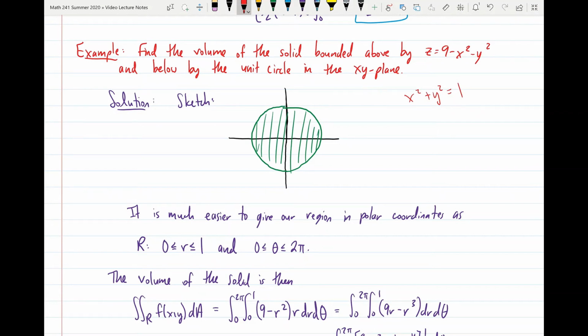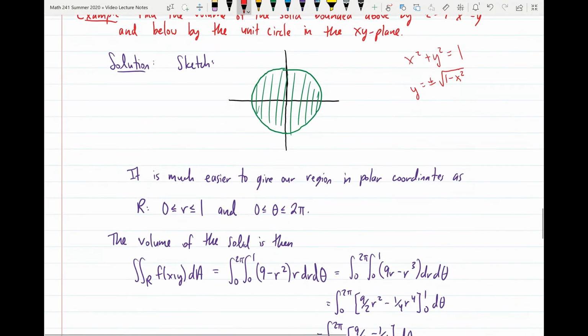But now if I said solve that expression for y, then we get y is equal to plus or minus the square root of 1 minus x squared. And now it starts looking kind of nasty. And the integration can be kind of gross if we're going to have square roots. So it's much easier to give our region in terms of polar coordinates as opposed to Cartesian coordinates.